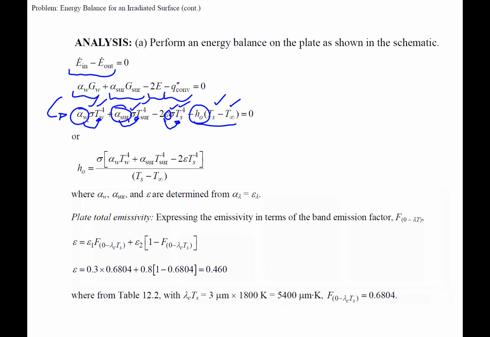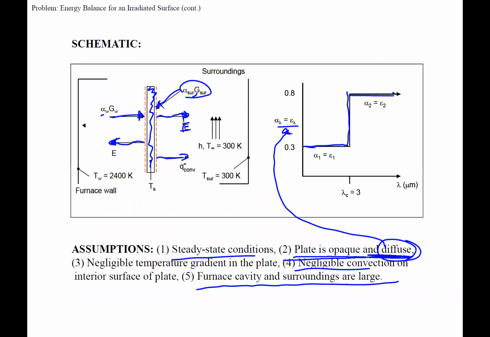So if we start with what's being shown, the plate total emissivity. Okay, and we just have to look at the emissivity right here and how much fraction of emission is occurring over that section, and then the emissivity here, which is 0.8, and how much fraction of emission is occurring over that section.